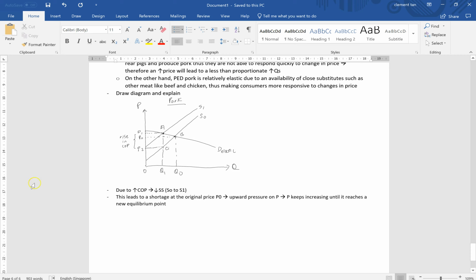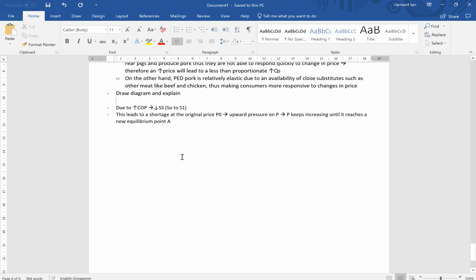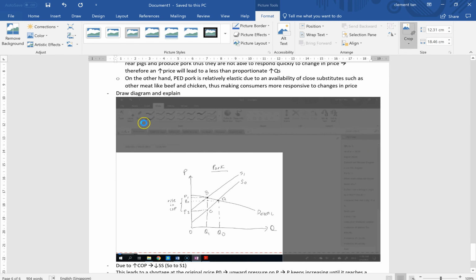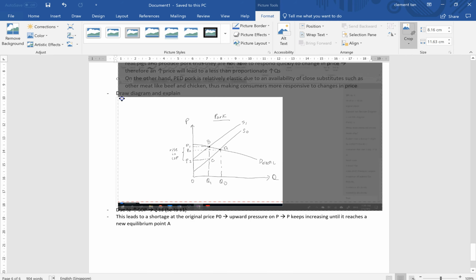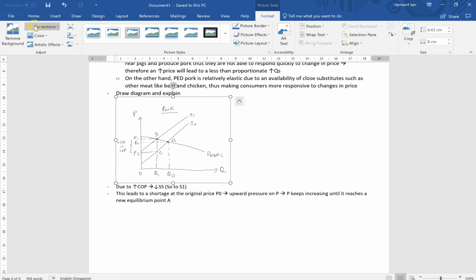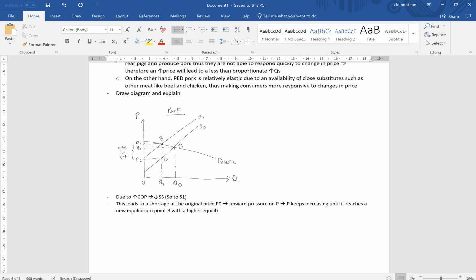A to B. So equilibrium point B, with a higher equilibrium price P1 and lower equilibrium output Q1.